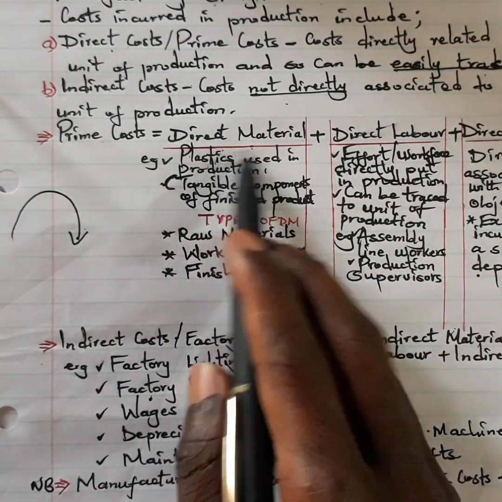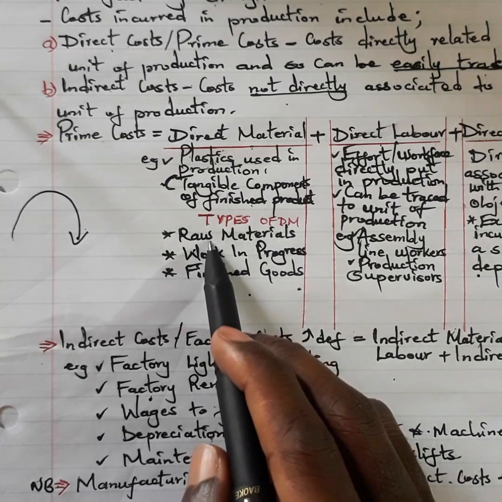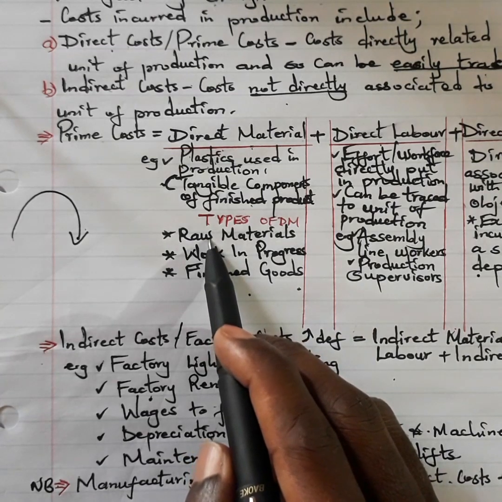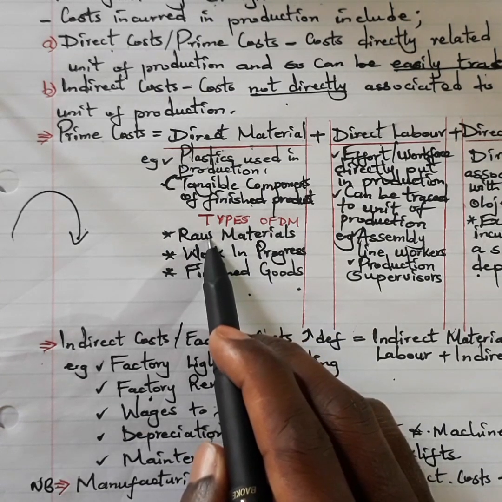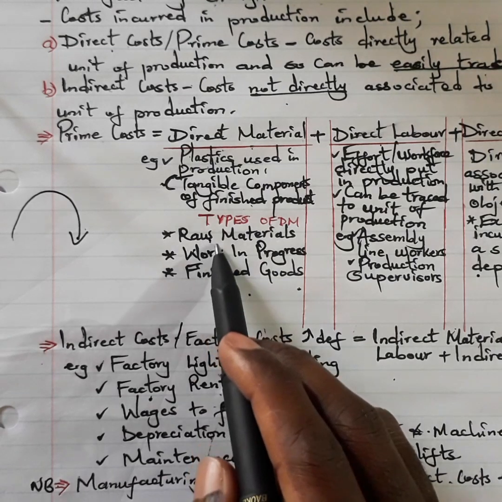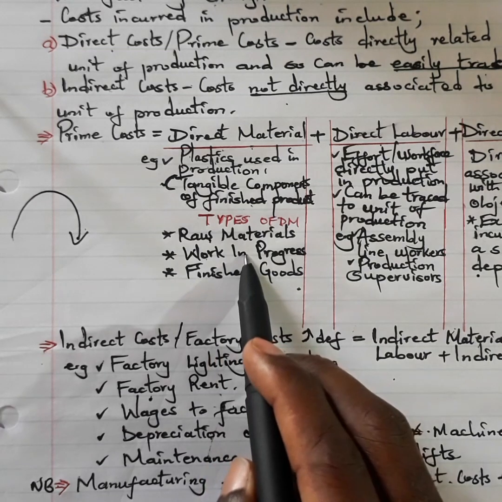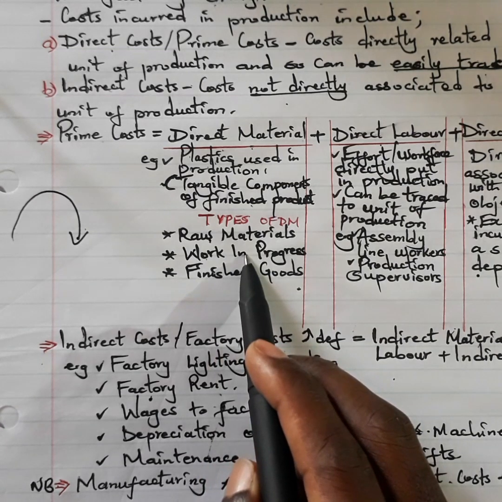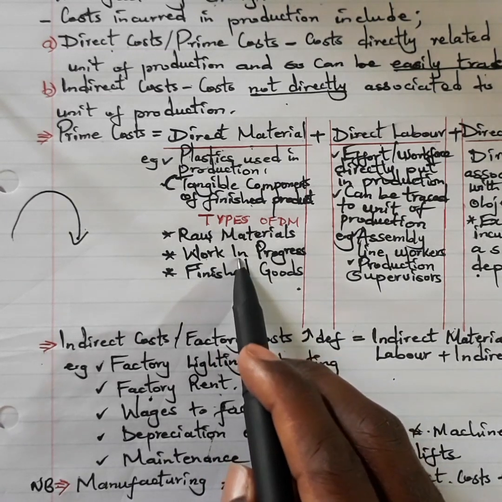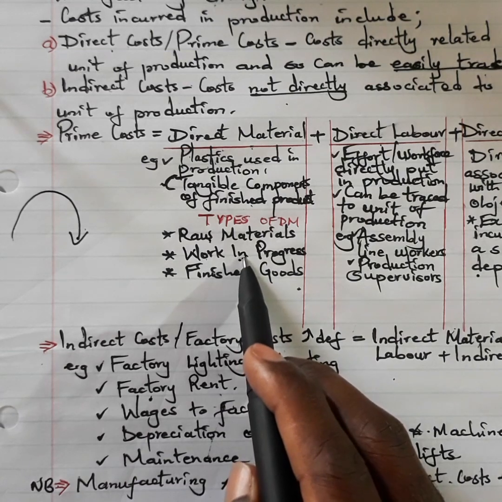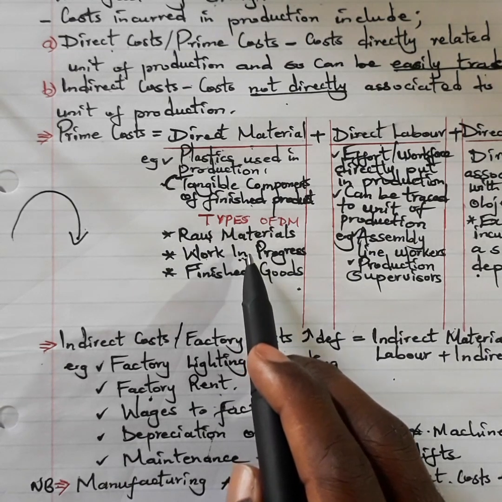And we have things to do with raw materials which have been purchased from the suppliers. These are the materials to be processed. We have things to do with work in progress. Work in progress means those products which are still under the production process.